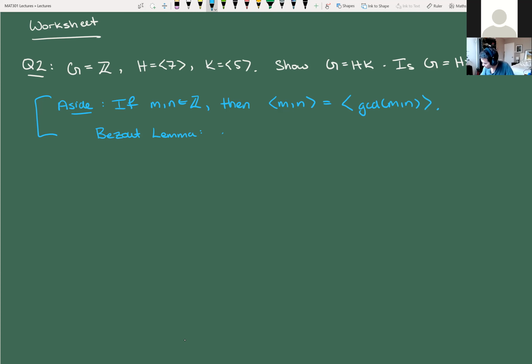So we can write the GCD of M and N as MR plus NS for some R and S. That precisely shows that the GCD is contained in the subgroup, since MR plus NS is precisely what the elements in the subgroup generated by M and N are.